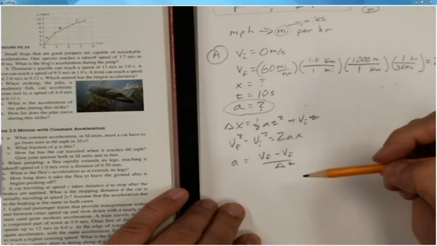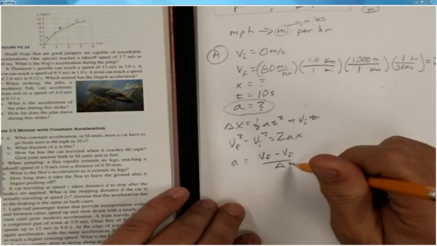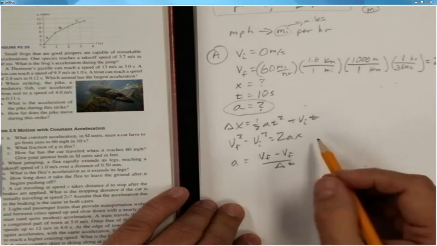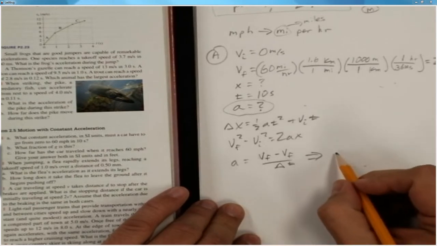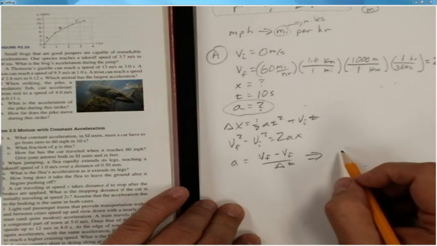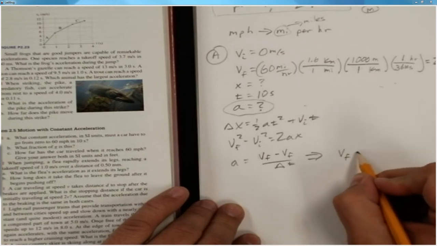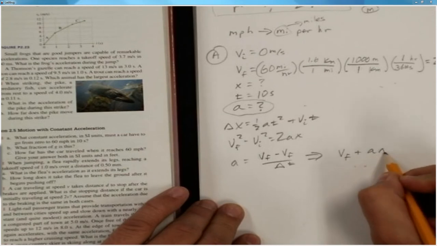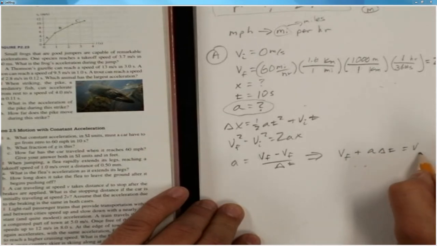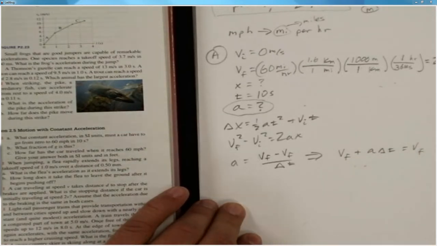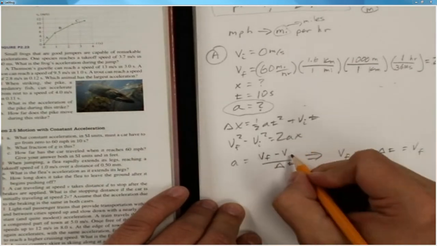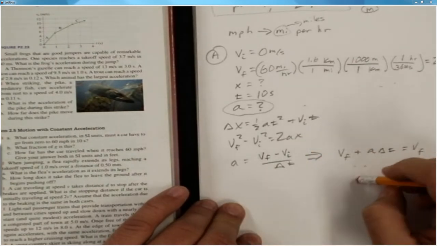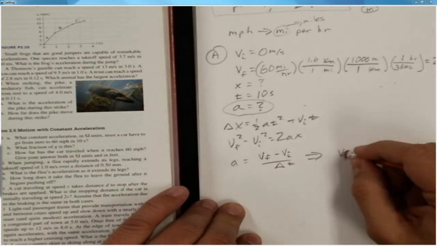A lot of people will rearrange this, so you may see it rearranged in your book as something like VF plus A delta T is equal to VI. I'm sorry, VF minus VI. That makes this VI.